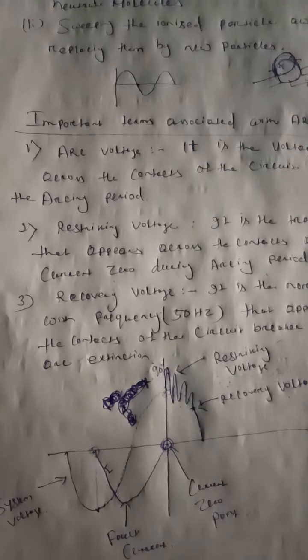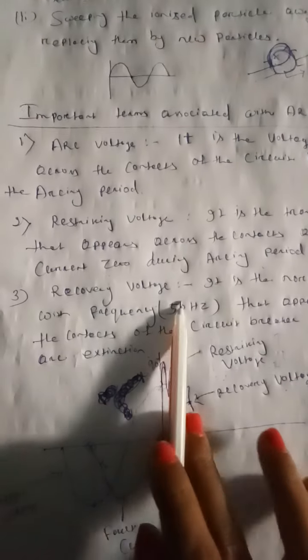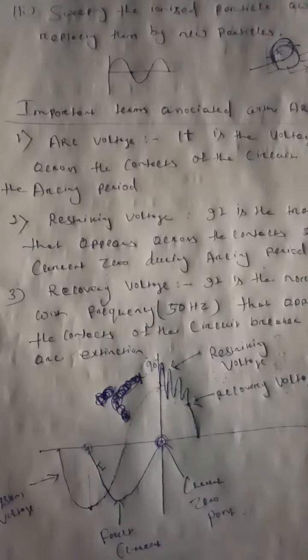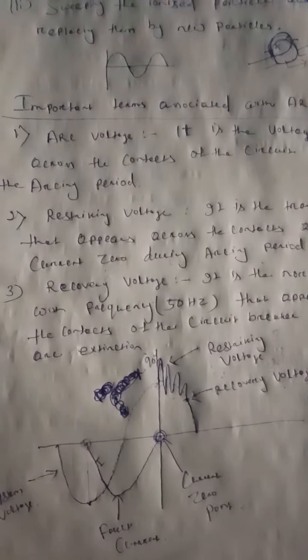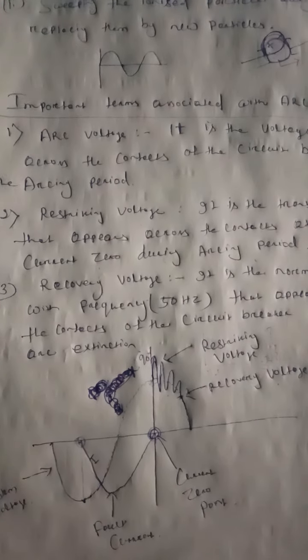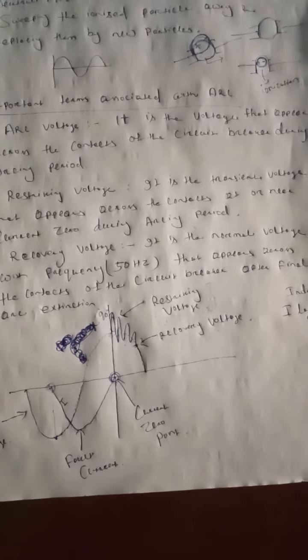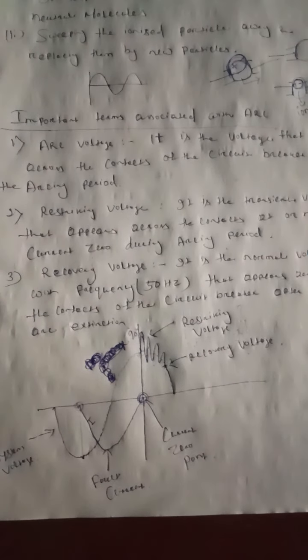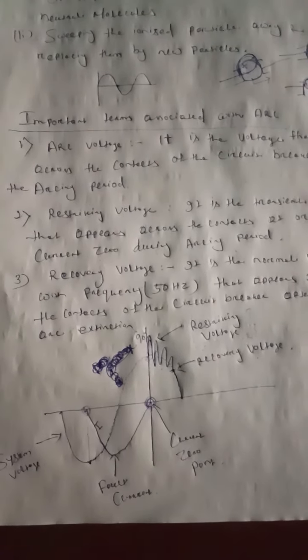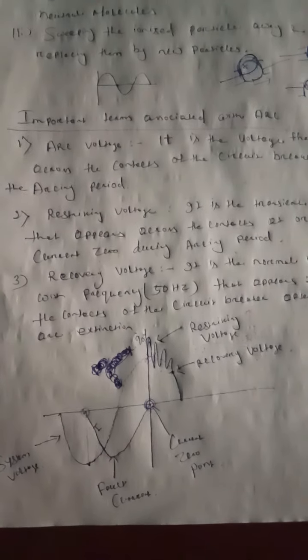At that time we achieve the recovery voltage, means no fault voltage. It is the normal voltage whose frequency is 50 Hz, which appears after the final arc extinction. Means when the arc is removed from our system, then only the recovery voltage is seen in our system.